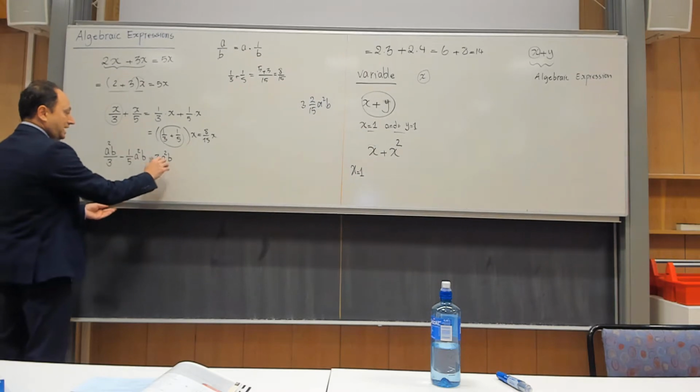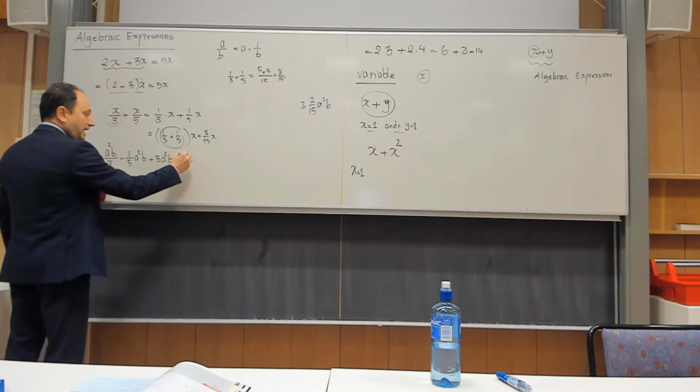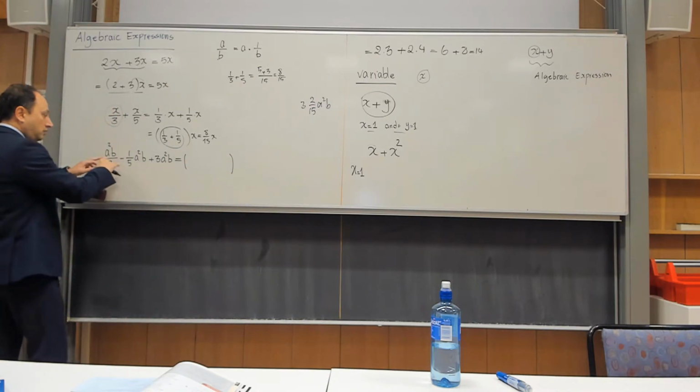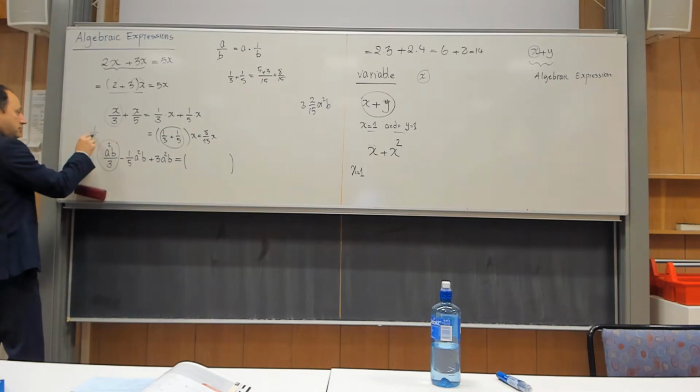First of all, you see why this is working: again, that is the distributive law. Why? Because if I ask you what is another name for this, it is a third multiplied by a squared b, then a squared b again.